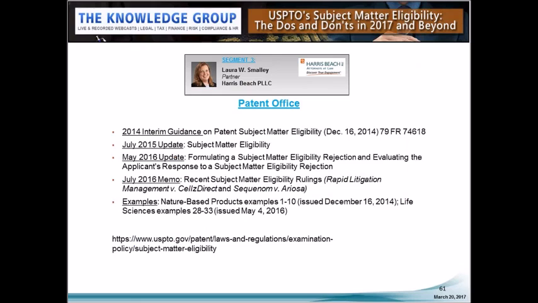In May 2016, the Patent Office issued Life Sciences Examples 28 through 33, and the July 14, 2016 memo outlined recent subject matter eligibility rulings for the Patent Examining Corps, including Rapid Litigation Management and Sequenom versus Ariosa. If you could go on to the next slide.